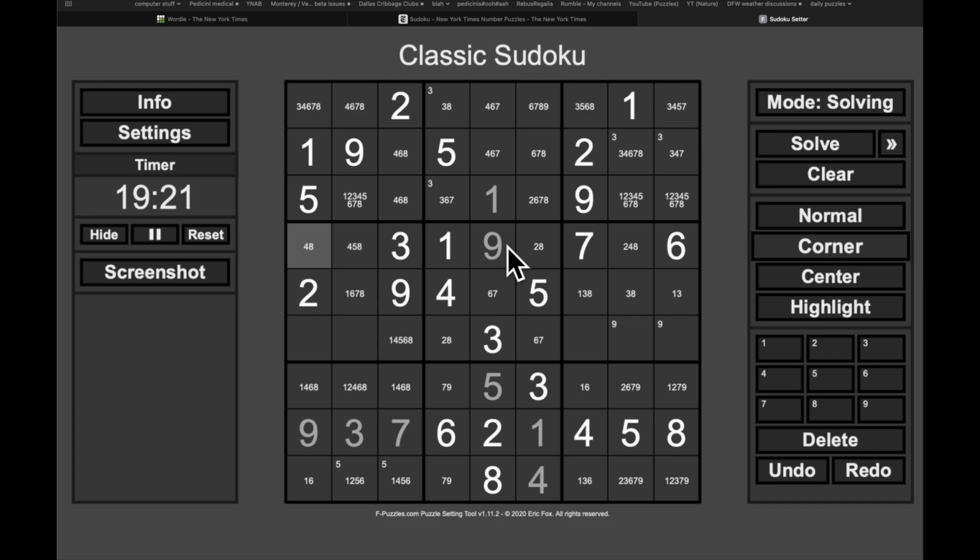Row 4, that is. These are 7, 9. So this is definitely not 7. And it also can't be 6 because of the given 6. This is still 3. So this is still 8.